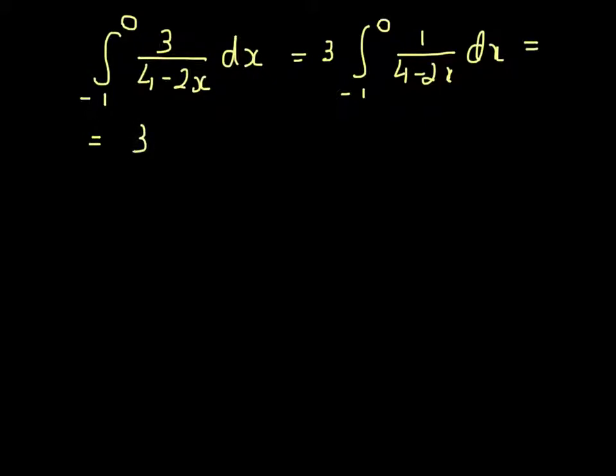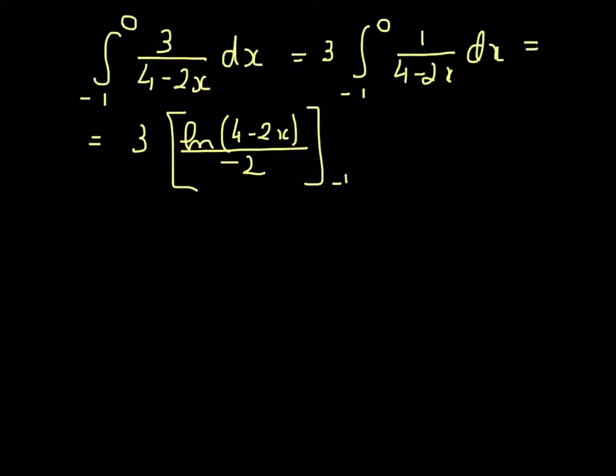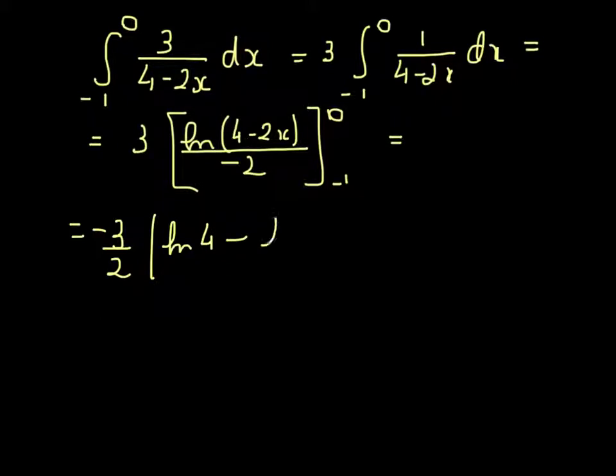So it's 3 ln of 4 minus 2x over negative 2 from minus 1 to 0, equals minus 3 over 2 ln, when I replace x by 0, I get 4, minus ln 6, so it's 3 over 2 ln 3 over 2.